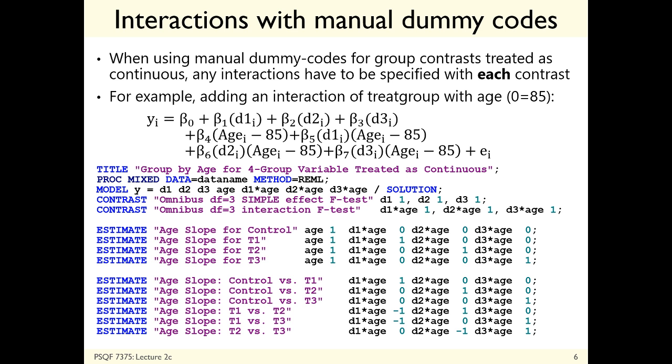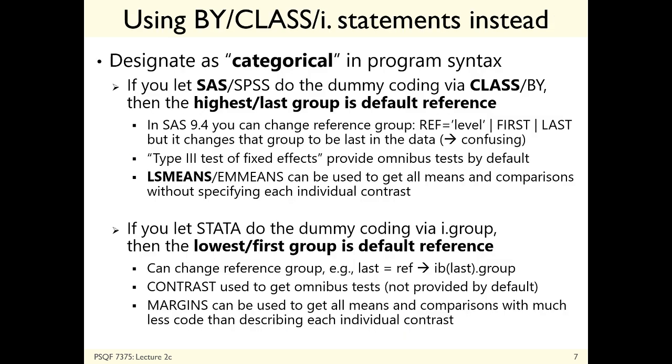So how would this look if I didn't do the dummy coding and I let the program do it? Well, that's the other way. Denoting it as categorical by calling it a grouping variable explicitly, factor variable, i dot, etc. Then we have an extra piece of information we can ask for via LS means to get means and mean differences between groups.